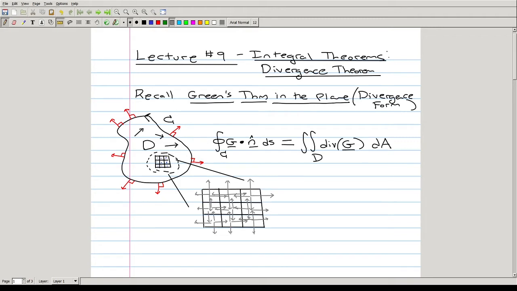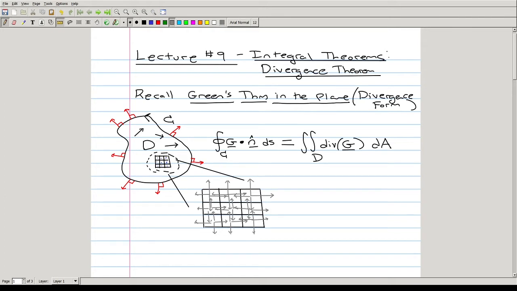And what Green's theorem in the plane is essentially telling us is that in the limit for the Riemann sums of this double integral, almost exactly the same way as for Stokes' theorem, as these rectangles get smaller and smaller, the pointwise value of the divergence in neighboring cells is essentially equal and opposite.